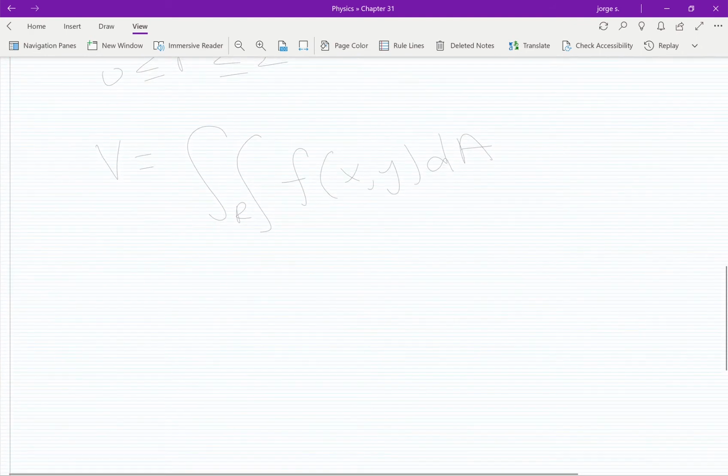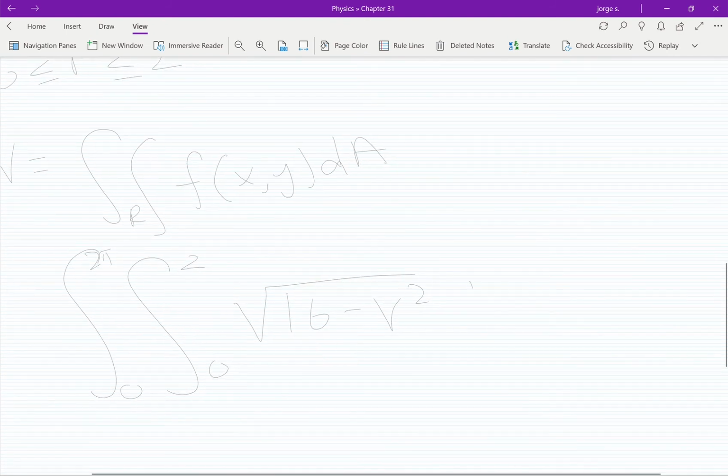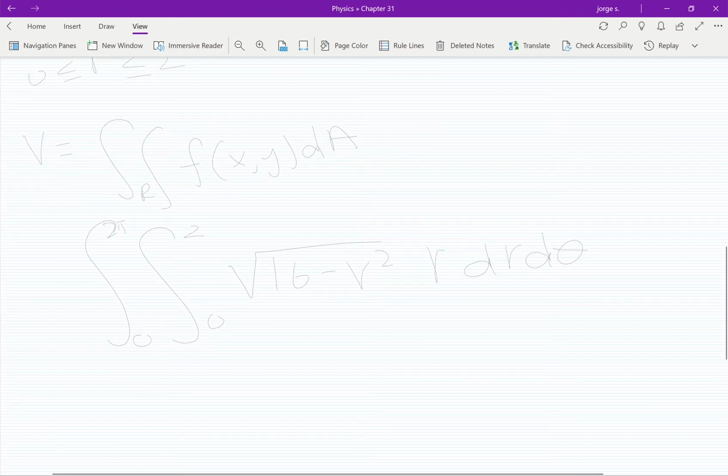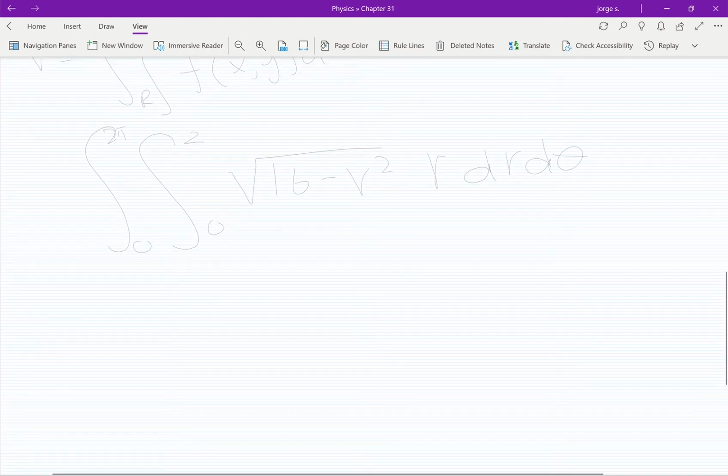So since we converted everything, we'll just plug it all in. 2 pi since it's polar, and we found the regions already. 0 to 2, and we're doing 16 minus r squared. And again, don't forget this r, then your dr d theta. As you can see, it simplified the whole entire question.